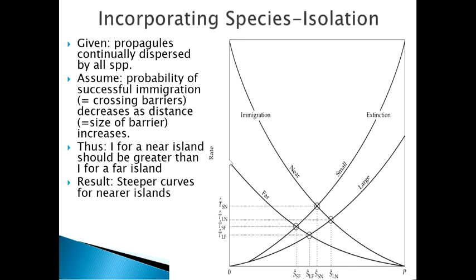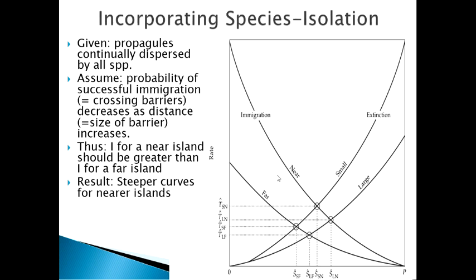And so you have far islands and near islands. The rate of immigration for islands that are near a mainland is higher, and therefore this is the steeper line over here than it is for islands that are much farther away. The immigration rate is going to be lower over here. So you have steeper curves for nearer islands.